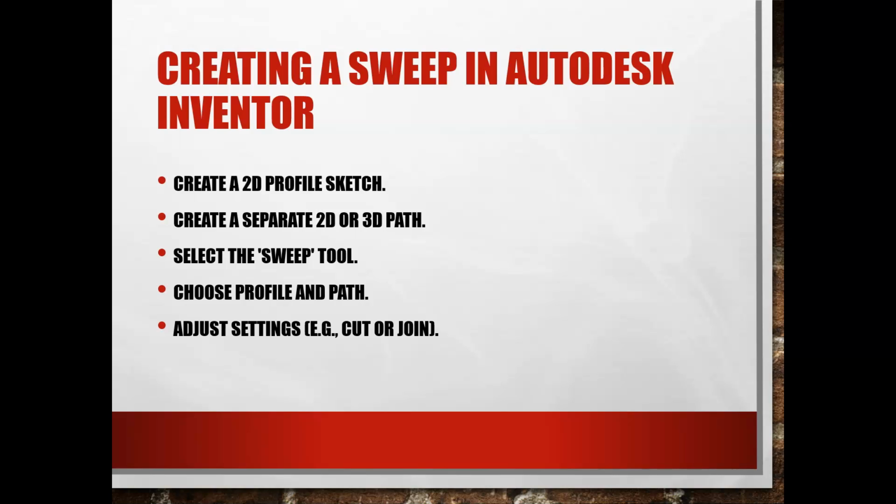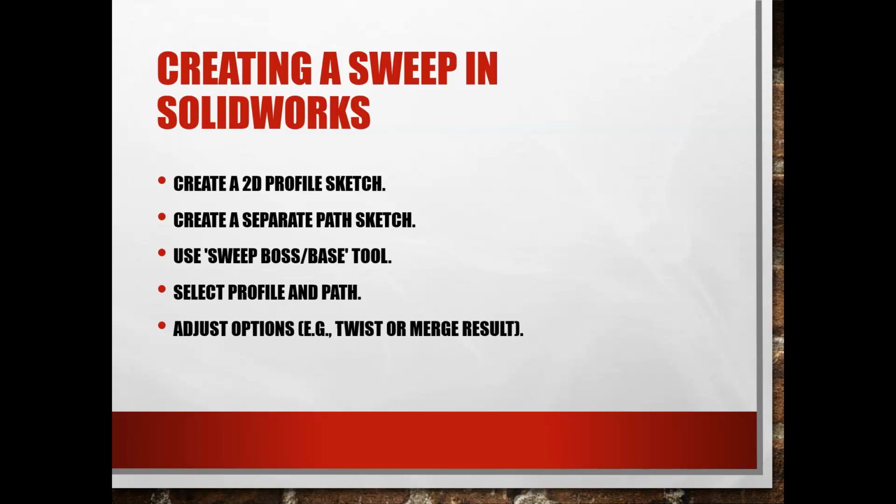In AutoCAD, remember, we have to use Boolean operations, our subtracts and things of that nature, in order to take away or to make certain profiles. And once again, I hate to keep saying this, but you're going to see that in the examples. But here in Inventor, you're going to pick a profile and you're going to pick a path, and then you're going to decide if it's going to cut or join, right? So you're going to see that when we hit those examples.